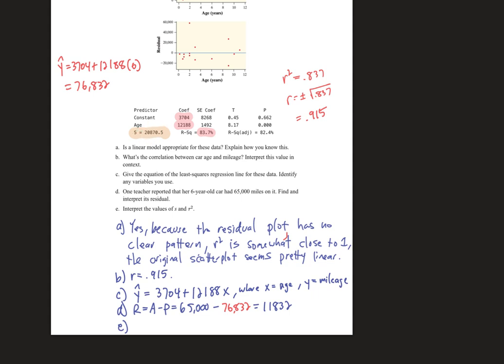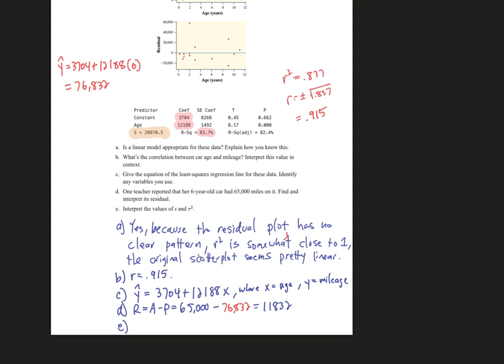When you're talking about standard deviation, we talk about it for the y values. So you're saying the mileage typically varies from the mean mileage for all cars owned by statistics teachers by about 20,870.5 miles, something like that.